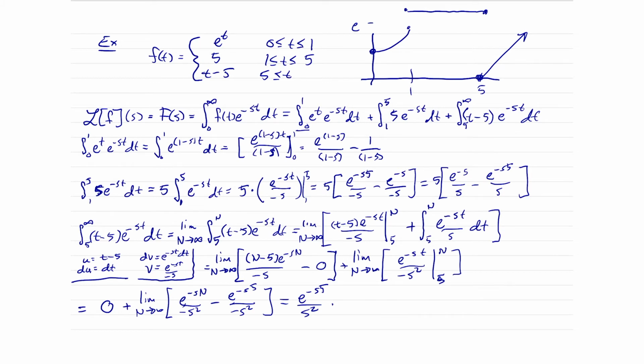So we have this one from 0 to 1, then we have this one from 1 to 5, and we have this one from 5 to infinity. So we just performed the integrals for each one of these, here, here, and here.